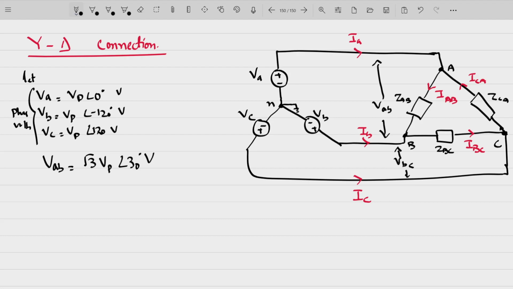So VBC is the line voltage. It is also the voltage that is impressed across the load ZBC. Similarly, VCA is the line voltage and it will be impressed across this particular load. The voltage across this will be VCA.